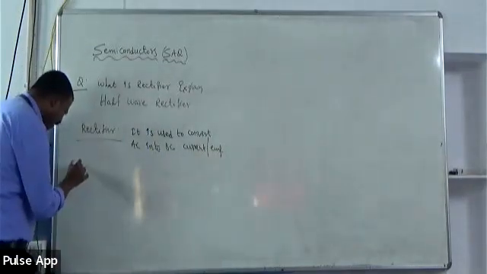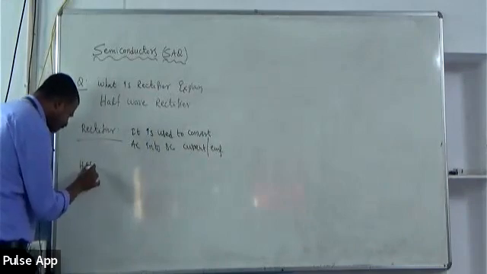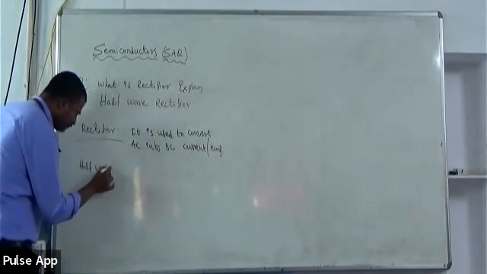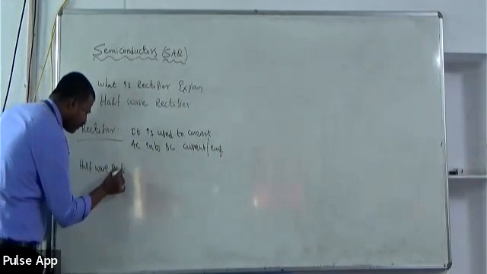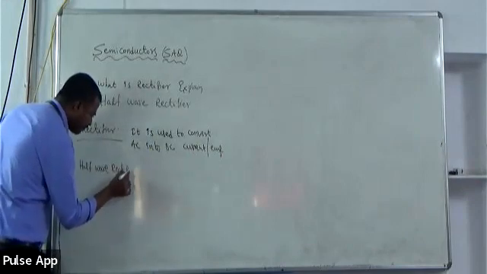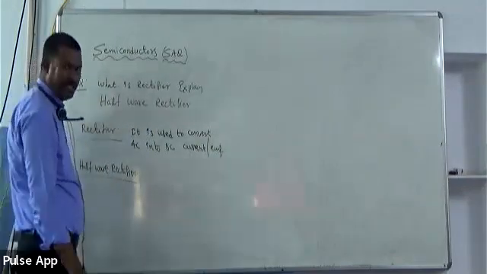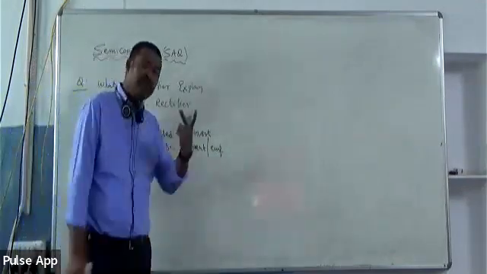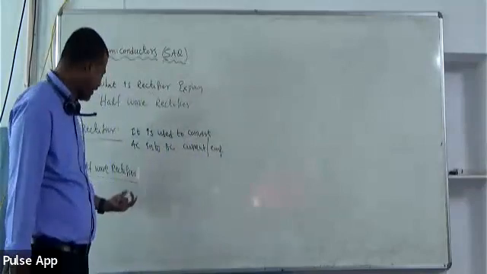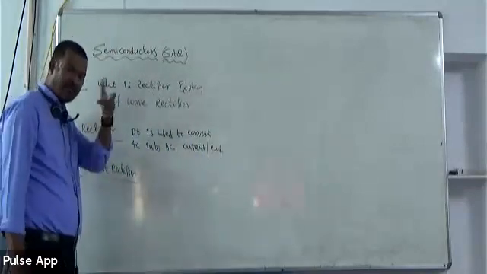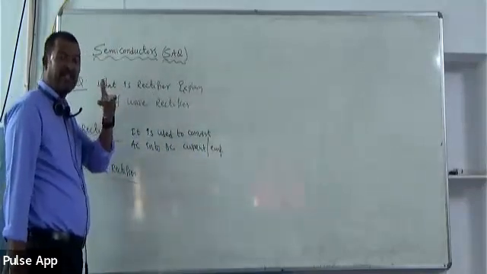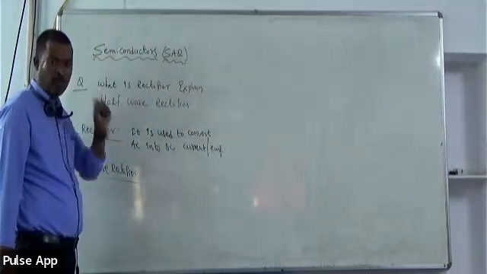What does half wave rectifier mean? A rectifier basically converts AC into DC, but a half wave rectifier, by the name itself, converts only half of the AC input into DC output.